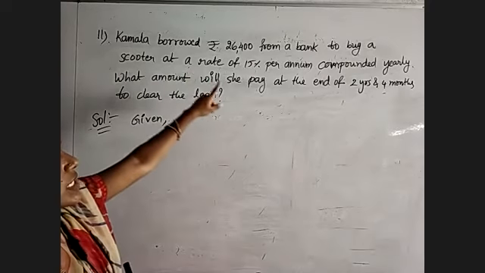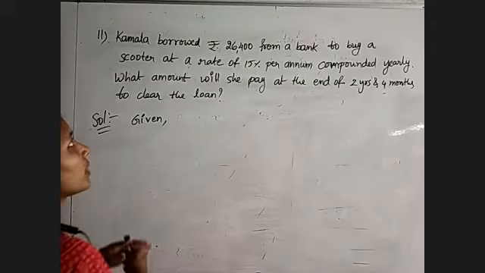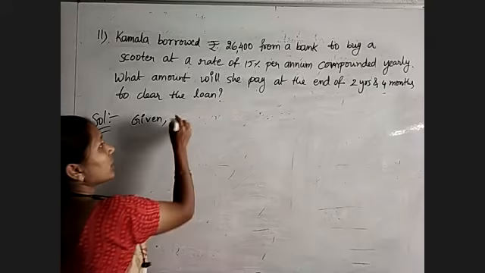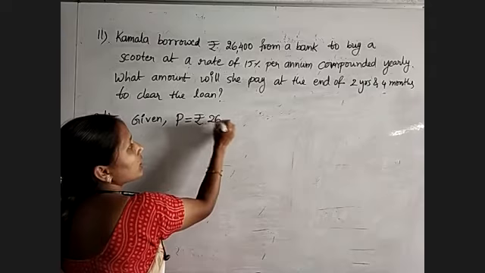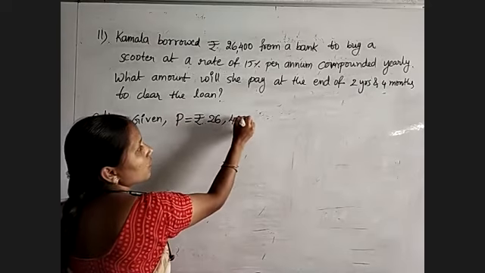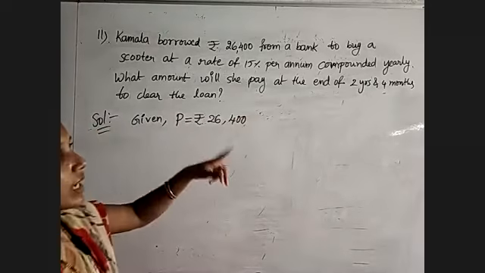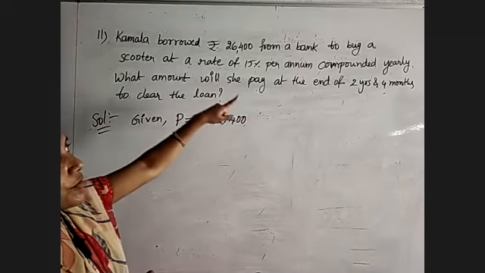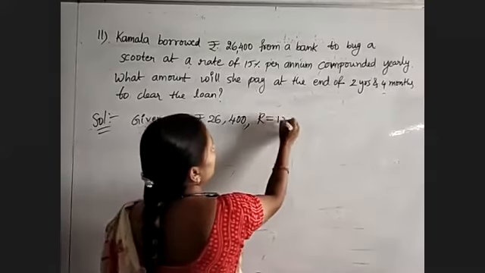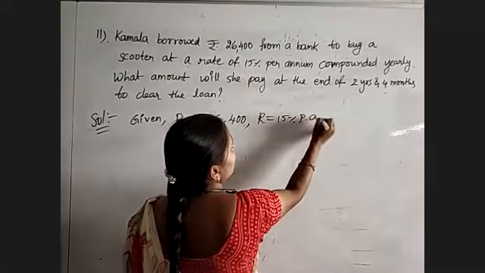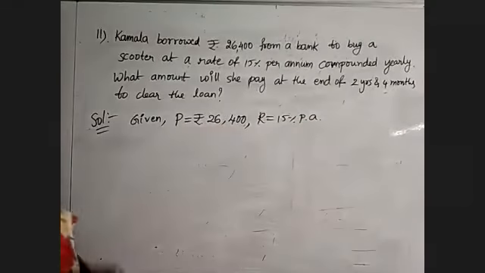Kamala borrowed 26,400 rupees, so from the first value we collect the principal. How much amount she borrowed? That is the principal, equal to 26,400 rupees. The rate is 15% per annum, for 1 year, compounded yearly.